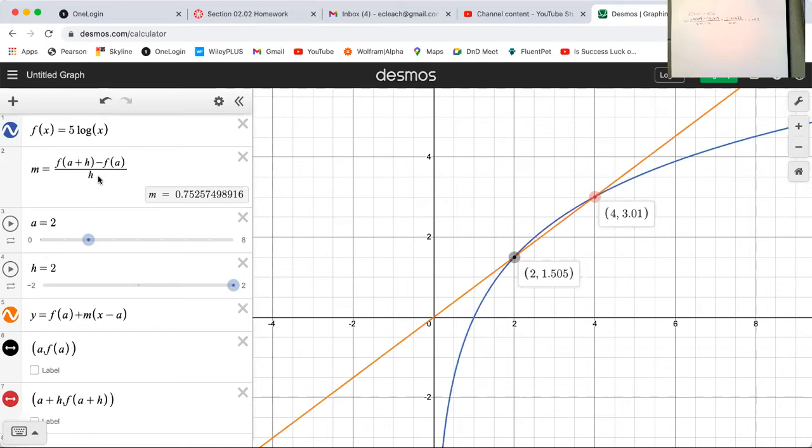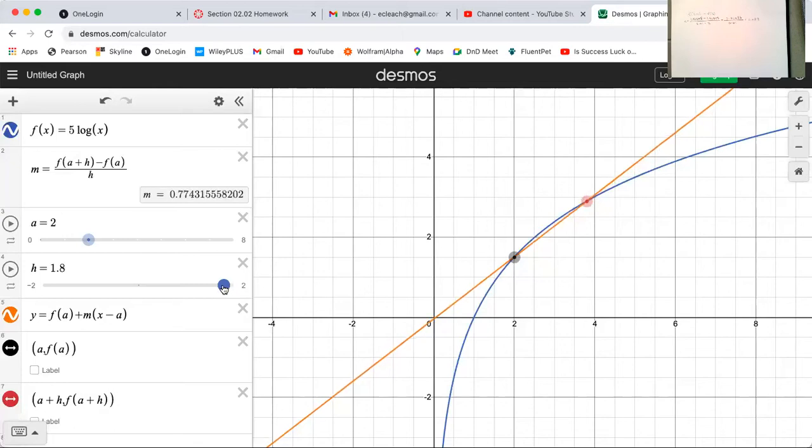And you can see in the graph in orange, I have the line containing the point 2, 1.505, and this other point is very far away at 4, 3.01. What we want to do is just bring these points closer together.